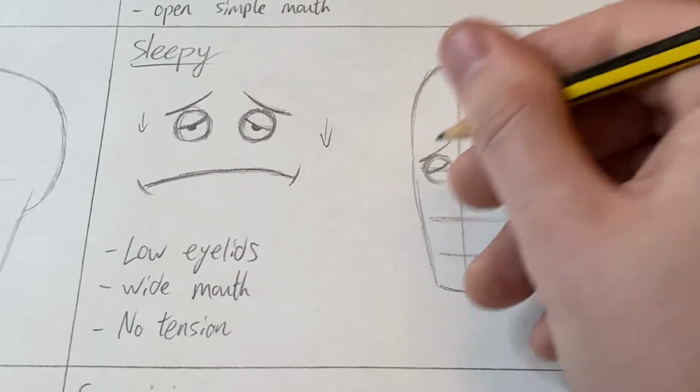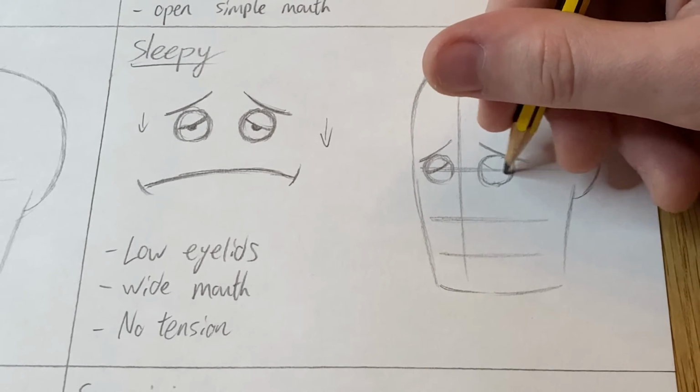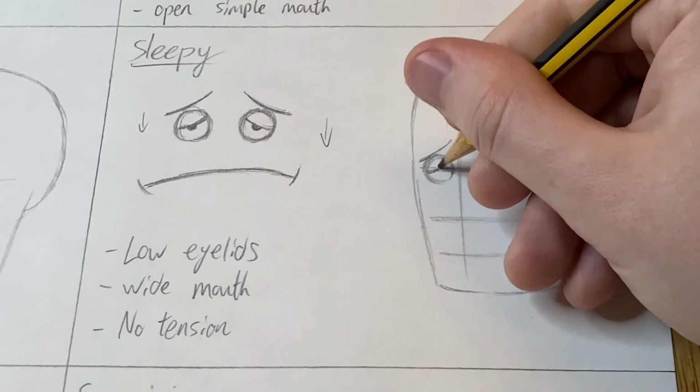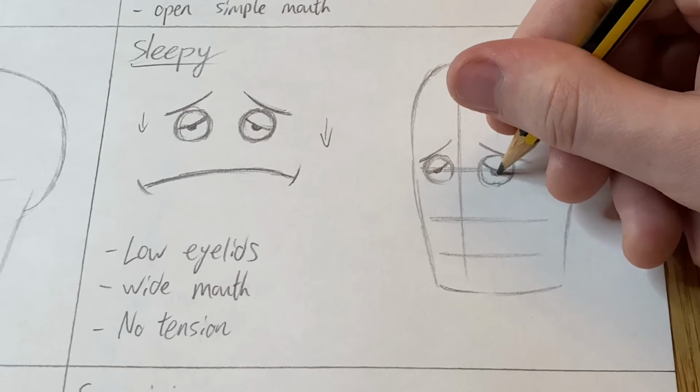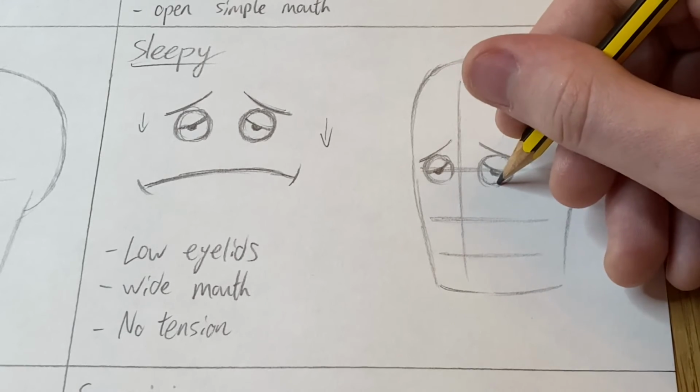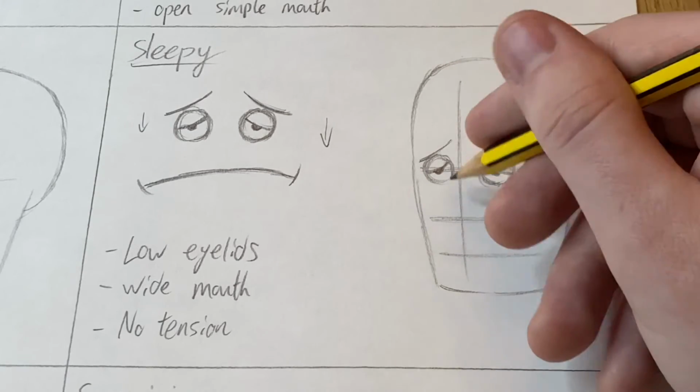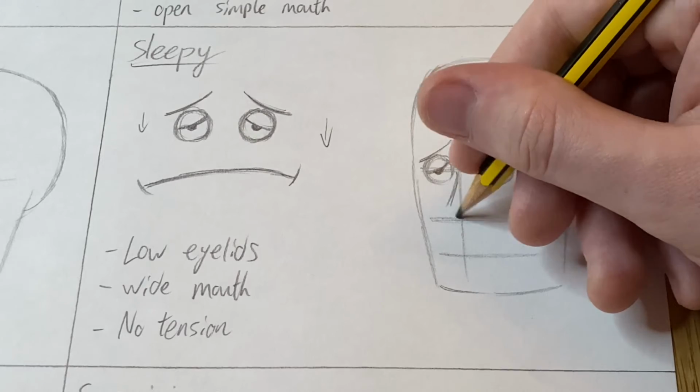So just adding in those drooping eyelids as well. Then what we'll do is we will add in our nose as well.